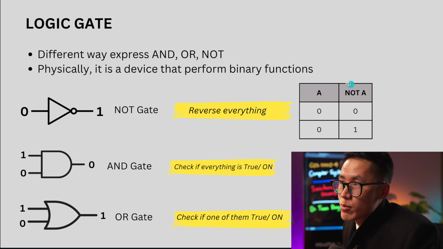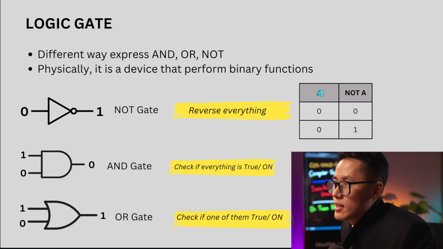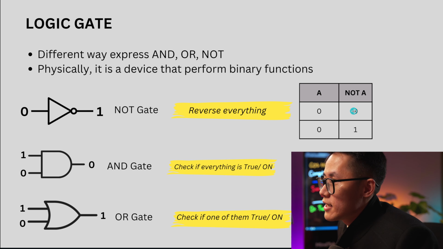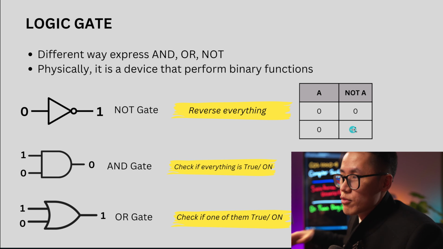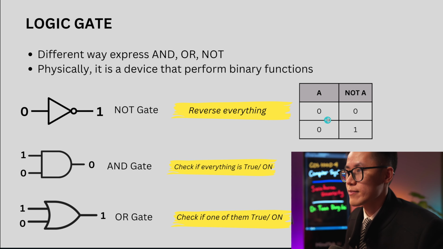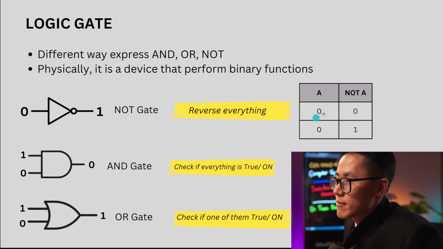This is the truth table for the NOT. If A is 0, NOT A will be 1. And if A is 1, then NOT A will be 0. Remember that it reverses everything.